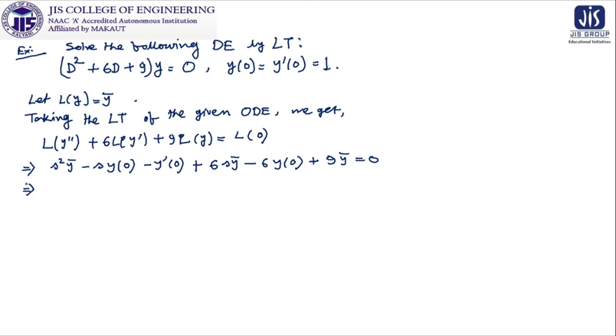Now all these will be used before simplification, this y0 and y dash 0. So we can write in the next line, that is s square y bar minus y0 is 1, so it is simply s minus 1 plus 6sy bar minus 6y0 means 6 into 1 plus 9y bar is equal to 0.